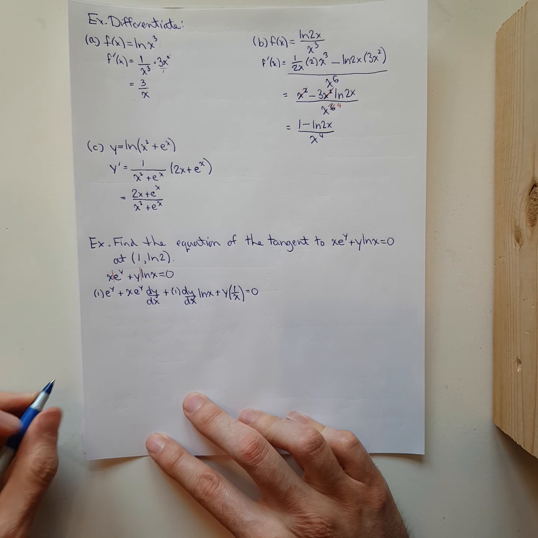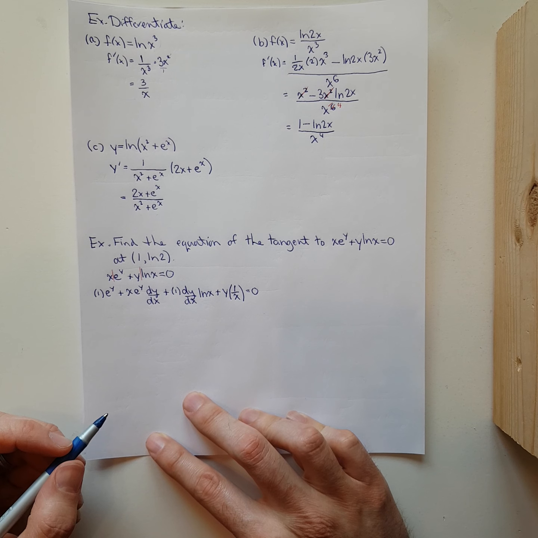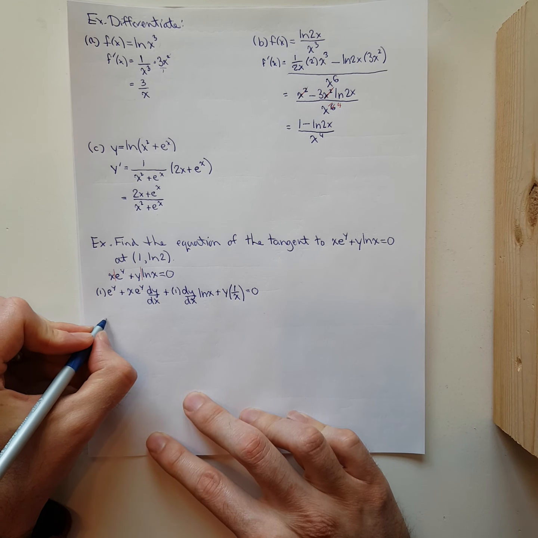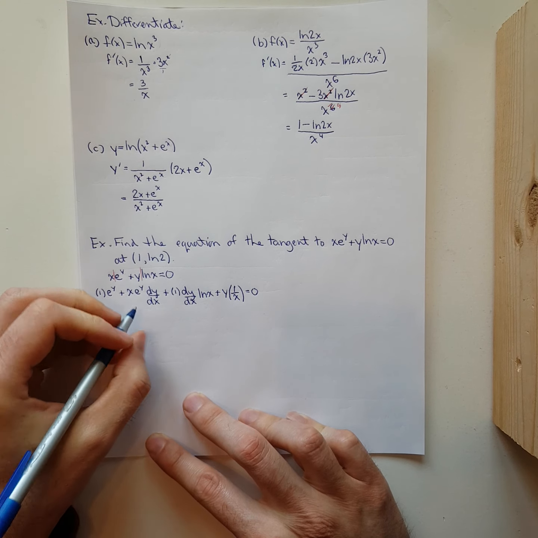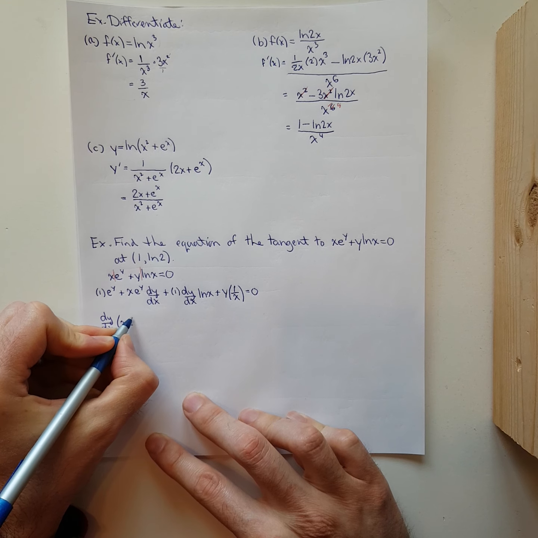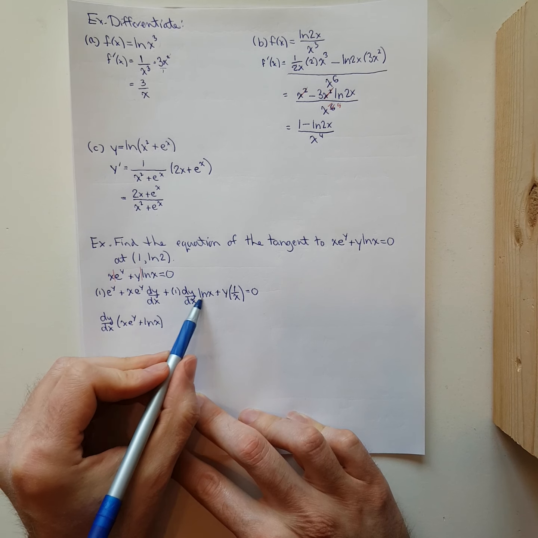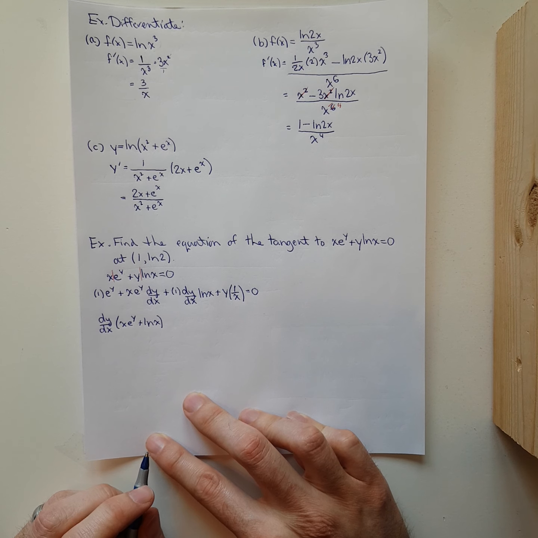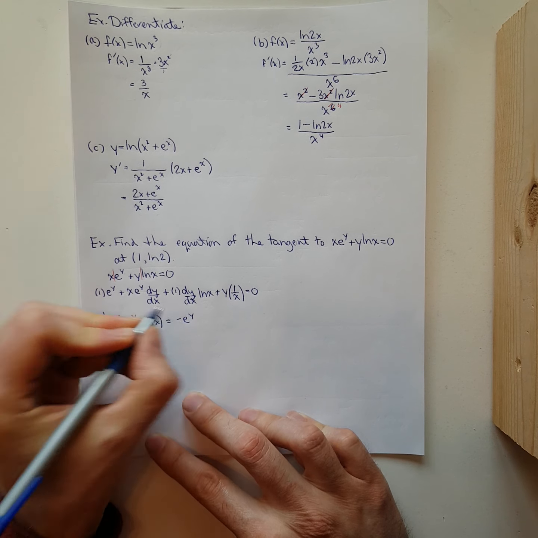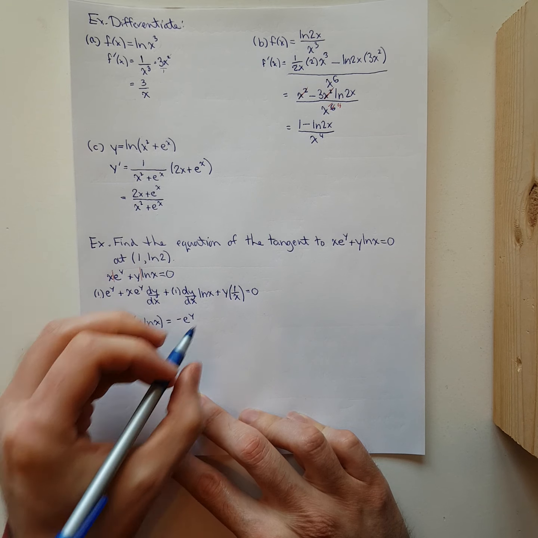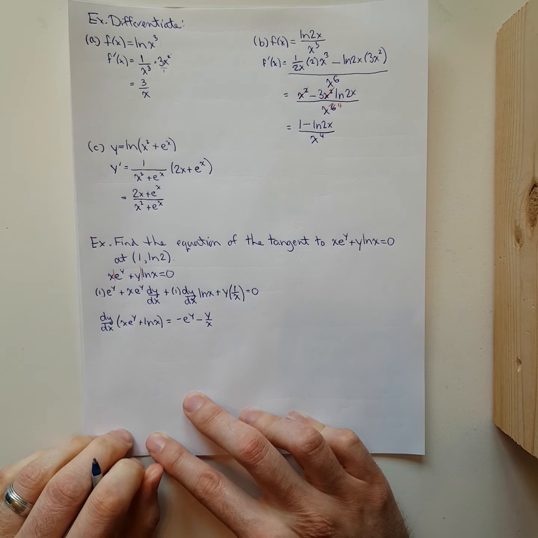If we now try and simplify this, any term that has dy by dx, I'm going to leave on the left-hand side. We can also do a little bit of factoring here as well. I would have dy by dx being multiplied by x e to the exponent y plus ln x, so that's these two terms, and I've factored out the dy by dx, would equal negative e to the exponent y if I move that term to the other side, and minus this term here, which is y over x.